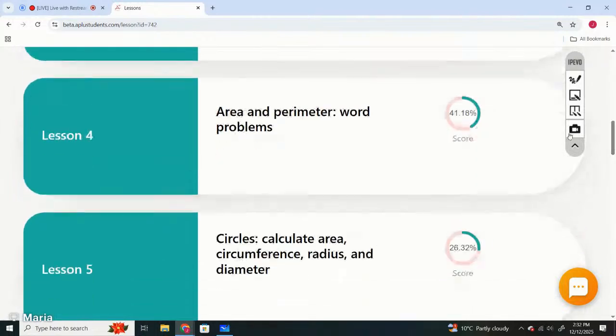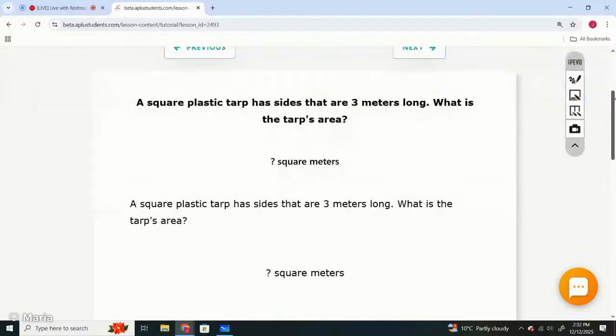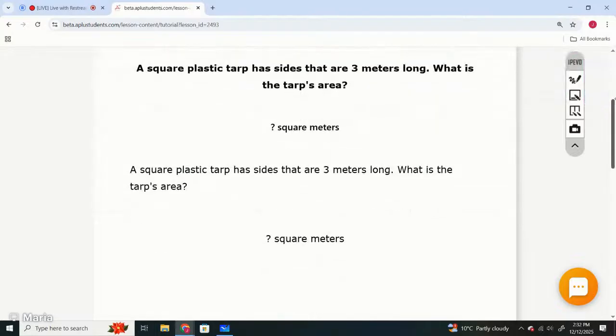And the next lesson is area and perimeter word problems. A square plastic tarp has sides that are 3 meters long. What is the tarp's area? So which is the correct option?